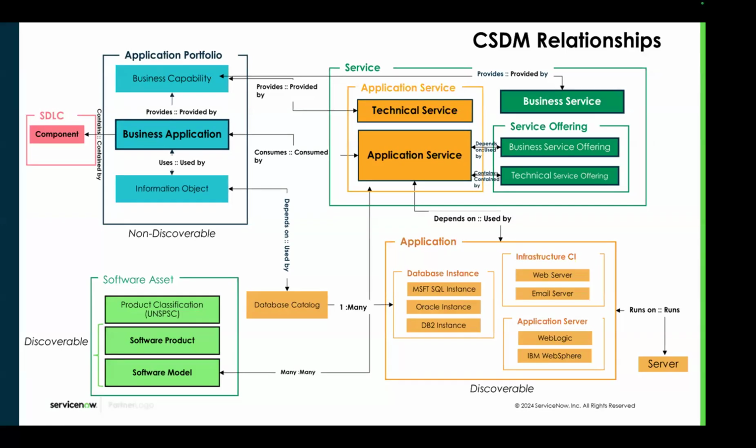If you have any that are not defined here, you can go to the relationship type table. That is a table called CMDB REL type. It has all the relationships you can select, to map tables that are not predefined.